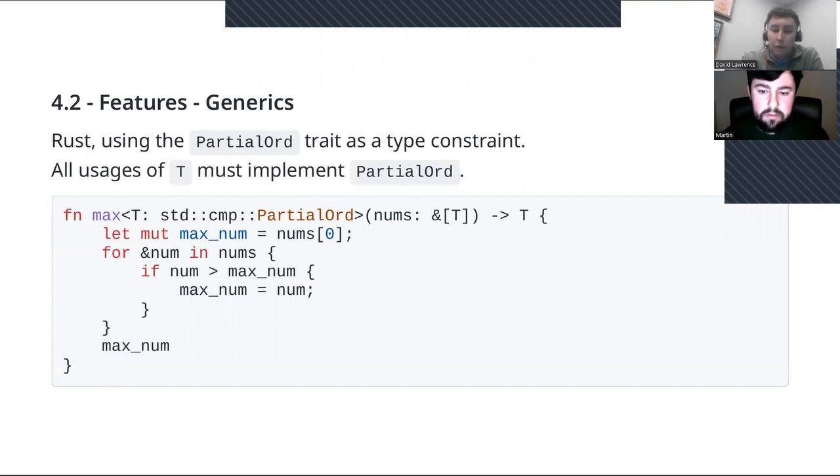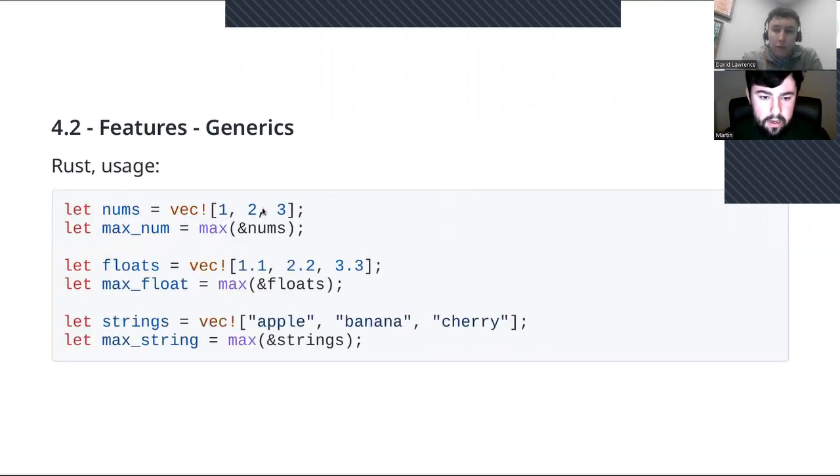So there is no runtime overhead for any of this in either Go or Rust. It's all done in compile time, and then it's further type checked later on as well. Here is the example in Rust. We're using the vector macro to just create vectors with these types, and then we can just call max, and we'll have the max float, the max integer, and the max string.